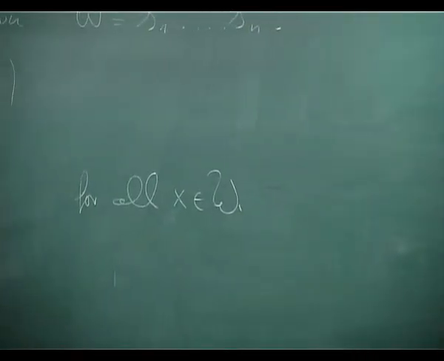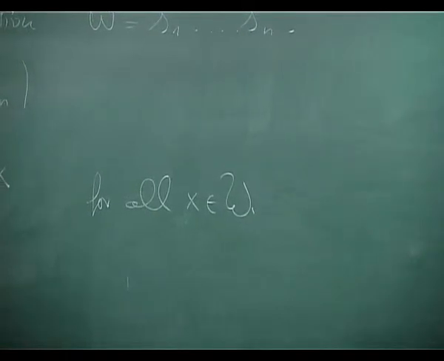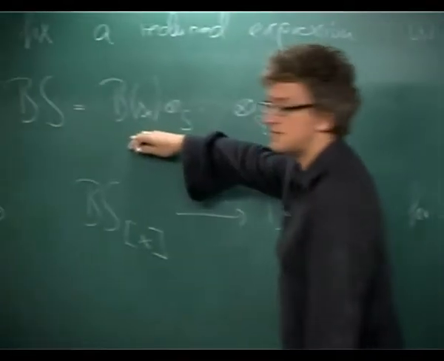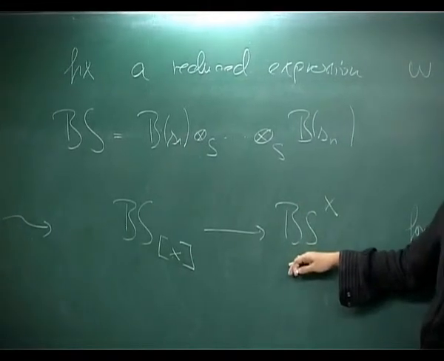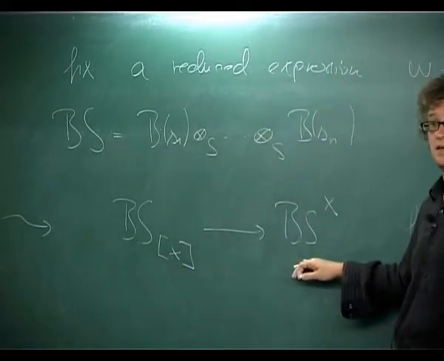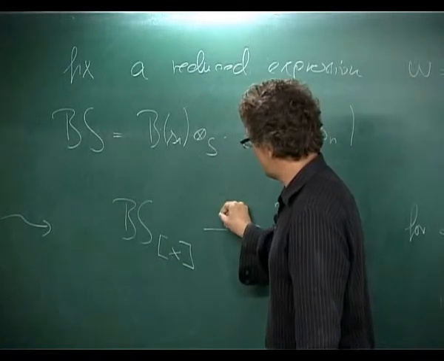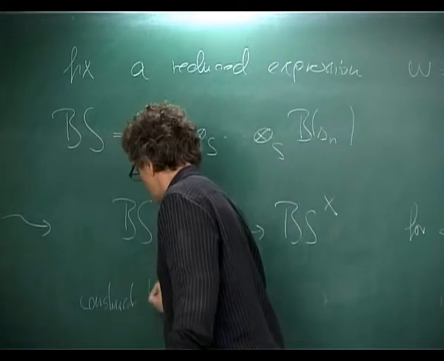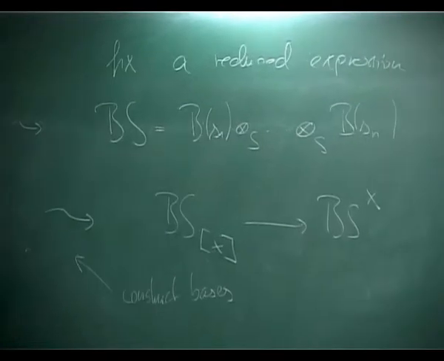So what you can do now is, because this construction is so explicit, you can construct a basis of these spaces, a basis here and a basis here. You can construct bases explicitly.